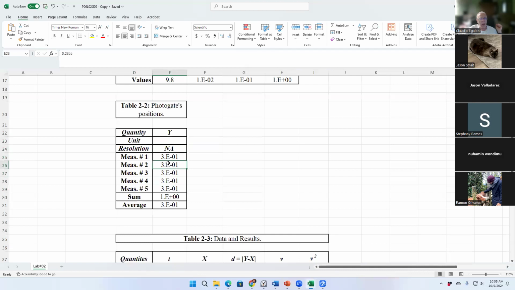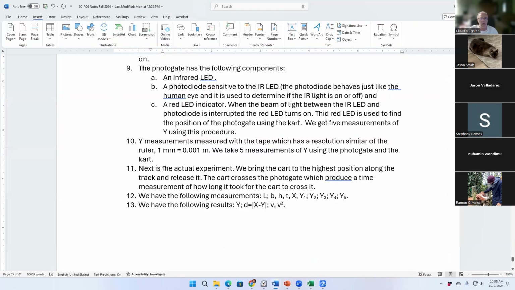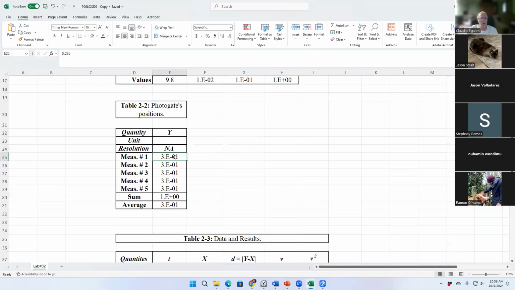We sum all those positions, and don't forget, this position Y, by the way, is measured with the ruler. The Y measurements are made with the tape, which has a resolution similar to the ruler. The tape attached to the air track, 1 millimeter or 0.001 meters. We take 5 measurements of Y using the photo gate and the cart. This measurement must have 3 decimal places, and so on, right?